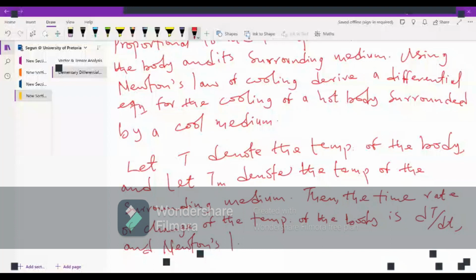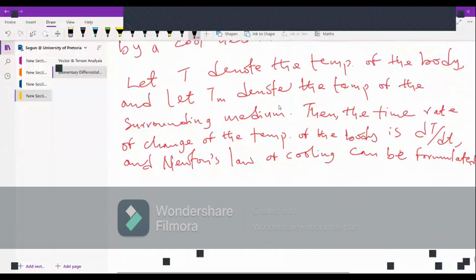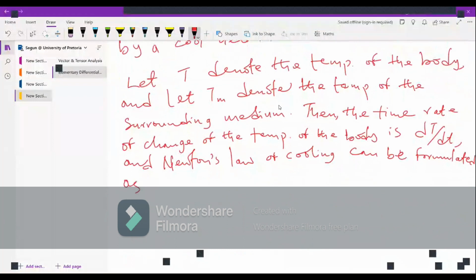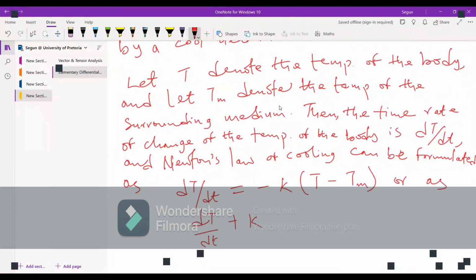Newton's law of cooling can be formulated as dT/dt equals minus k, where k is a positive constant, times (T minus Tm), or as dT/dt plus kT equals kTm.